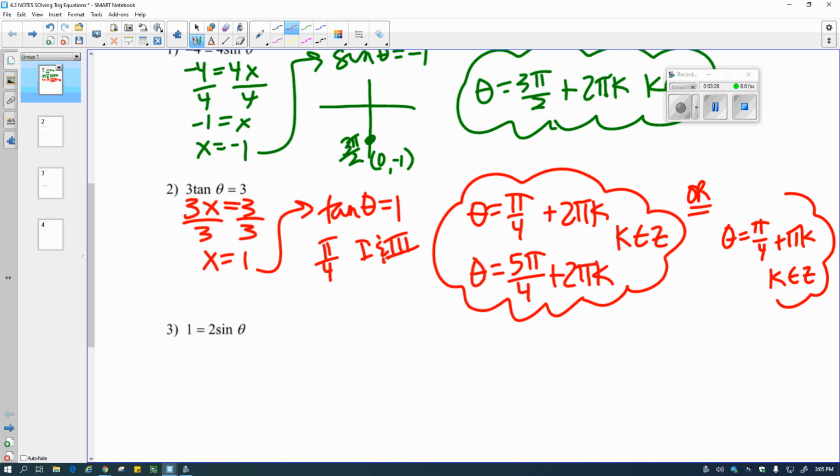That's a more efficient way of writing it, and it works because if I'm looking at my unit circle, pi over 4 in the first quadrant and pi over 4 in the third quadrant are exactly pi apart. So I could just go pi, I'd get to my second answer right there, and then back into the first, and then back into the third, and I could keep doing it that way.